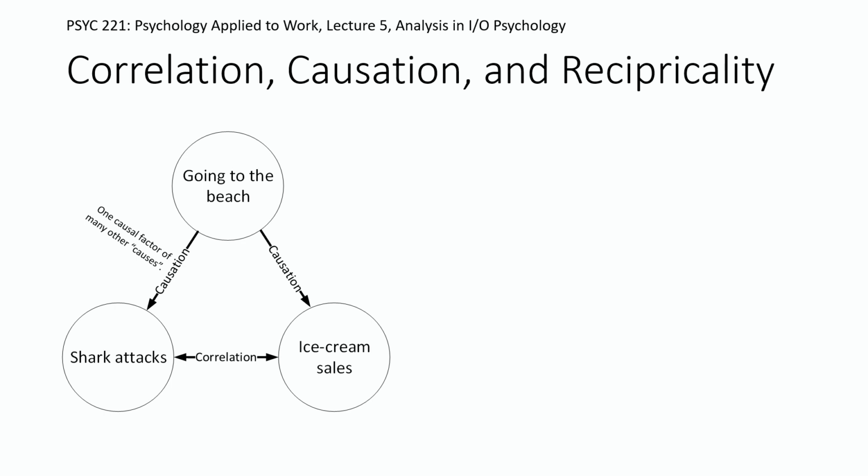So hopefully that is crystal clear. It's a good example. And when you want to think about whether something is correlation or causation, and how do I remember it, you can think about going to the beach, ice cream, and shark attacks.